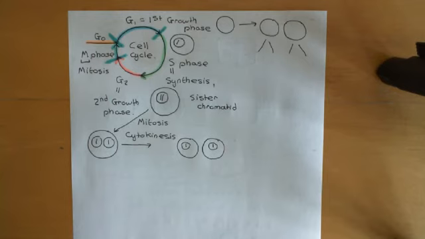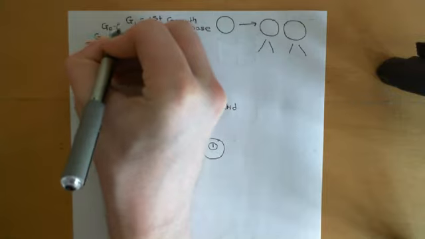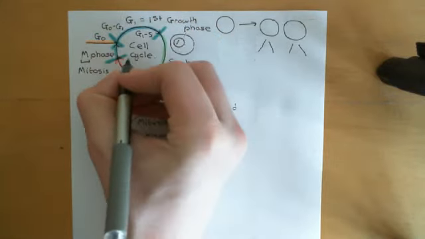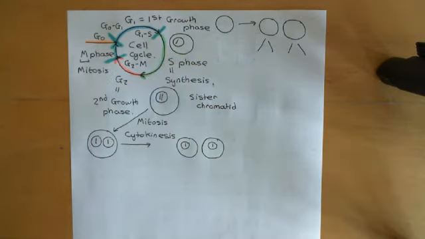And if that goes wrong, it can result in terrible abnormalities in the daughter cells. Okay, so again, that's a very important checkpoint. So this is the G0 to G1 transition. This is the G1 to S transition, and this is the G2 to M transition, and those are very important transitions which have strict checkpoints.